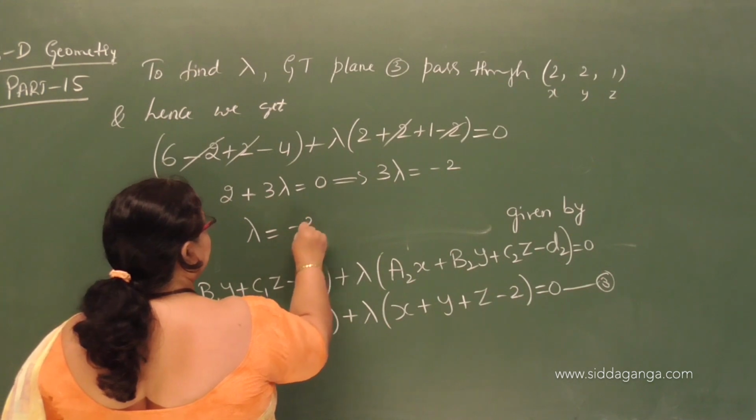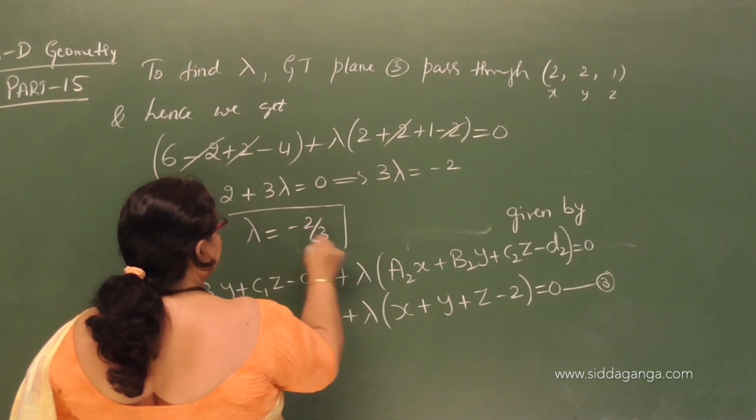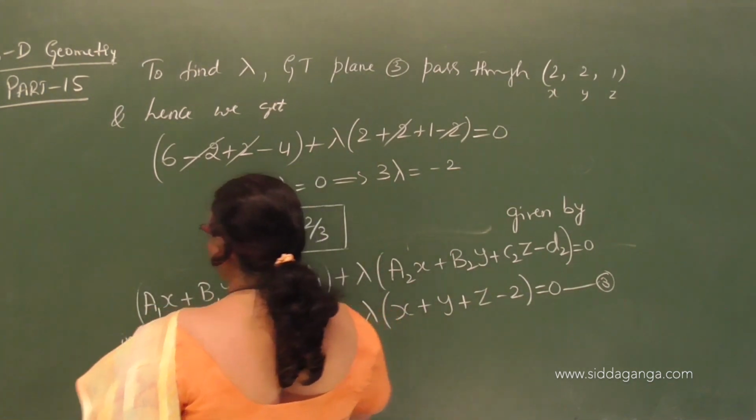Therefore, lambda equal to minus 2 divided by 3.